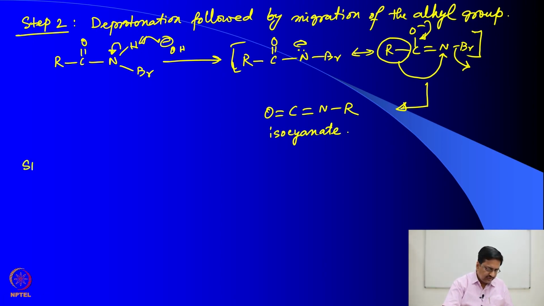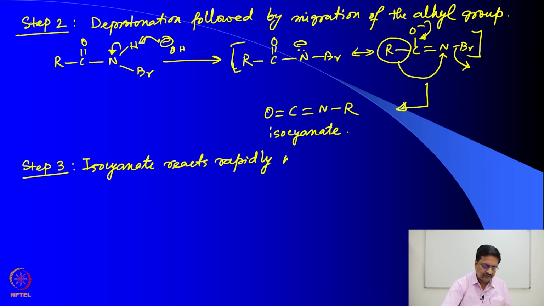Step 3 is the step where isocyanate reacts rapidly with water to form the carbamic acid.